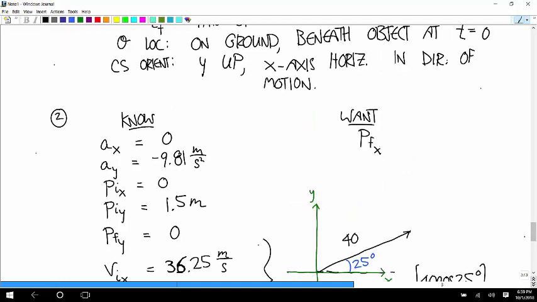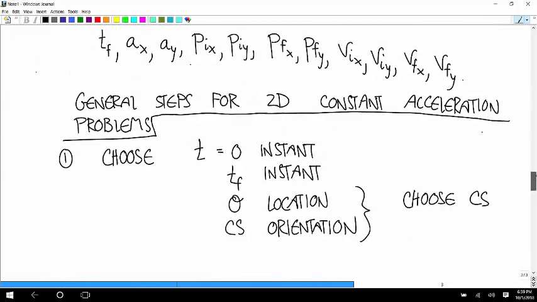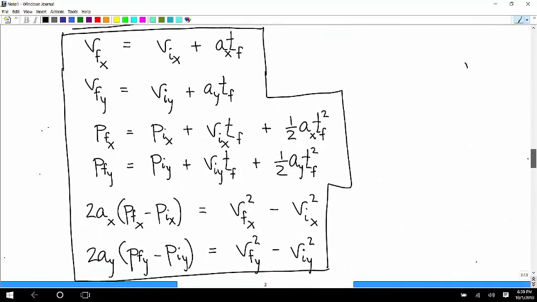All right, so let's go back and look. So first of all, we need one with pfx in it. And of these 6, there are only 2 equations that have pfx in it. So right away, we have it narrowed down to 2 equations. It's either this one or this one.